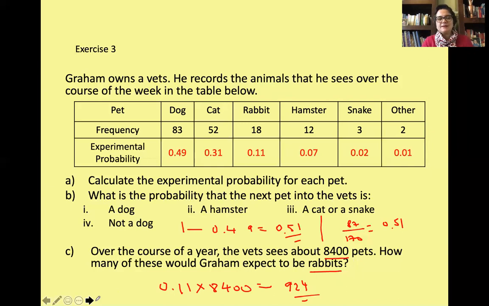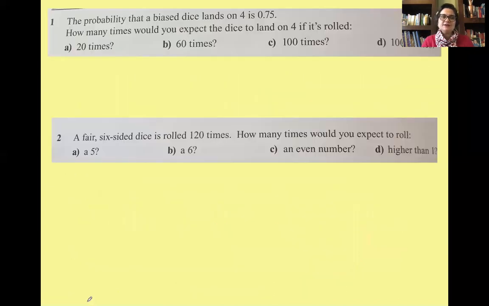Okay, now here there are two exercises for you to work independently. You can use the method of a complement for some of them. Have a look. And here you have it's rolled 120 times, so you have the total here.